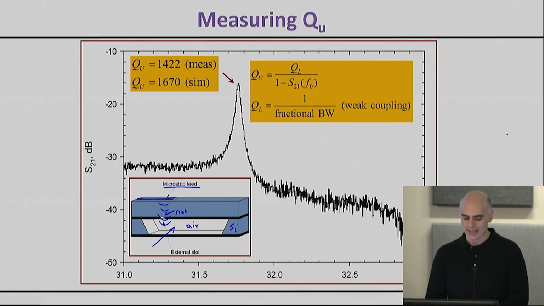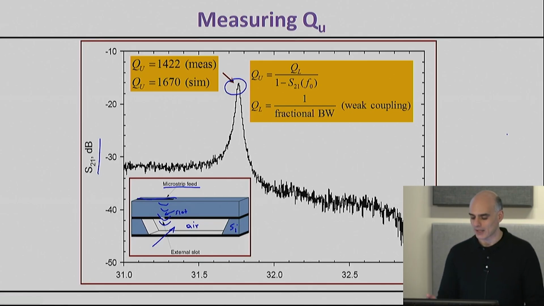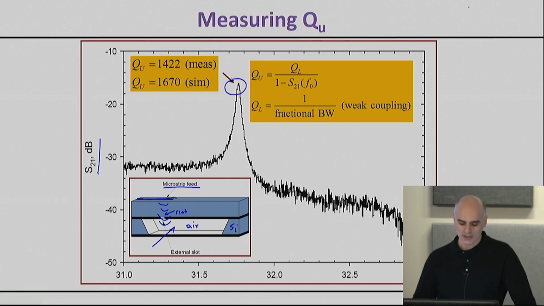So this is the layout of the resonator, and this resonator was designed around 30 gigahertz, and sure enough, if you measure the S21 of this, you will find out that we have a weak coupling section here, and if you apply the equations that I discussed with you before, you will find out that you have an unloaded quality factor of 1617 in simulation and 1422 in measurements.